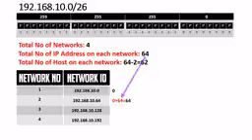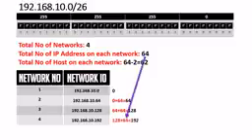Now the third network ID will be 64 plus 64, 128, so it is 192.168.10.128. Now what will be the fourth network ID? It will be 128 plus 64, which is equal to 192. So the network ID of the fourth network is 192.168.10.192. This is how you can find the network ID. You just have to add the total number of IP addresses on each network and you will find the network ID easily.